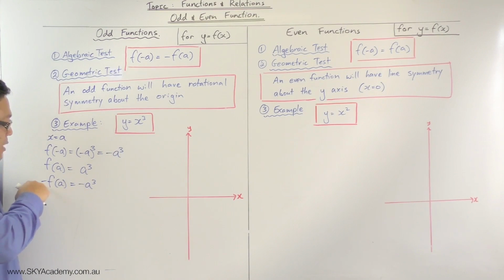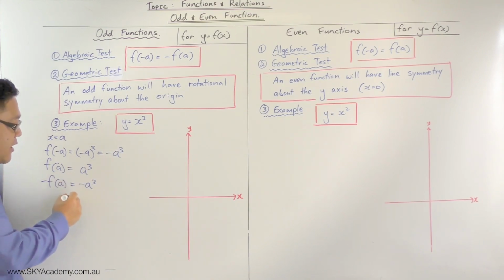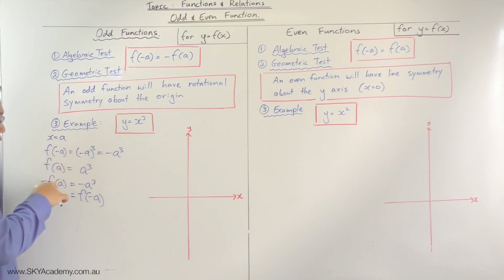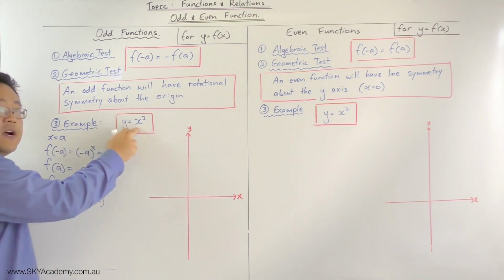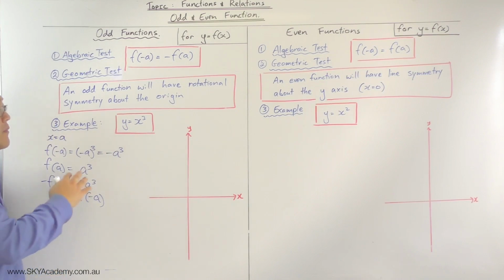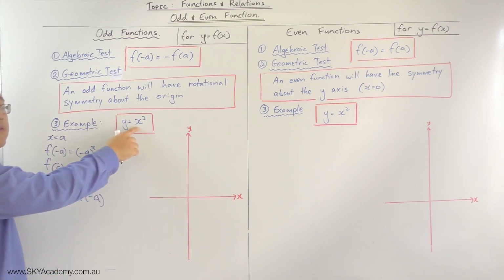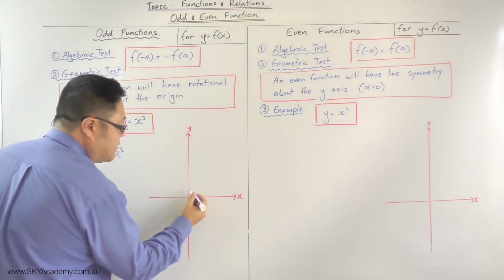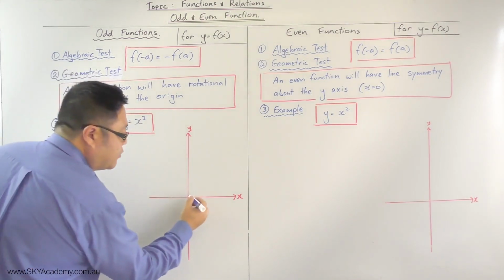Can you see that minus f of a is equal to f of minus a? Because these two are equal, these two are also equal. So algebraically speaking, this function is an odd function. Now, geometrically speaking, if we were to graph this, this particular function is a cubic function that will look like this.